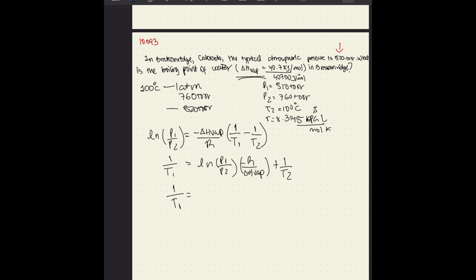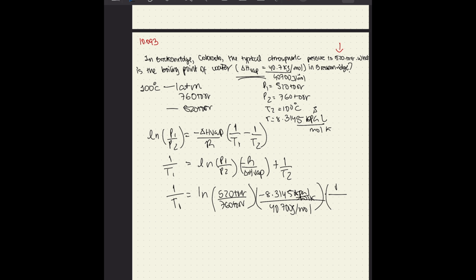Now we plug in all the numbers: 520 torr, 760 torr, 8.314 J per mole K, then 40 kilojoules per mole.